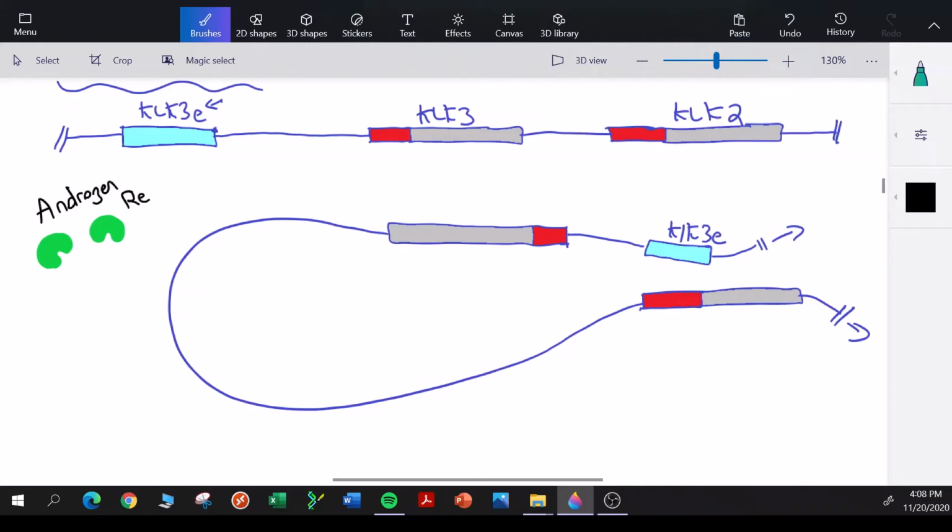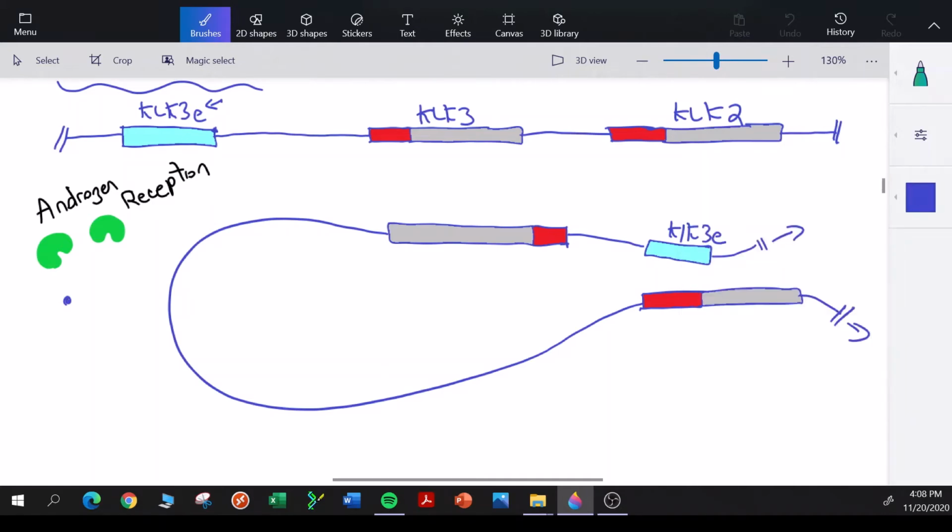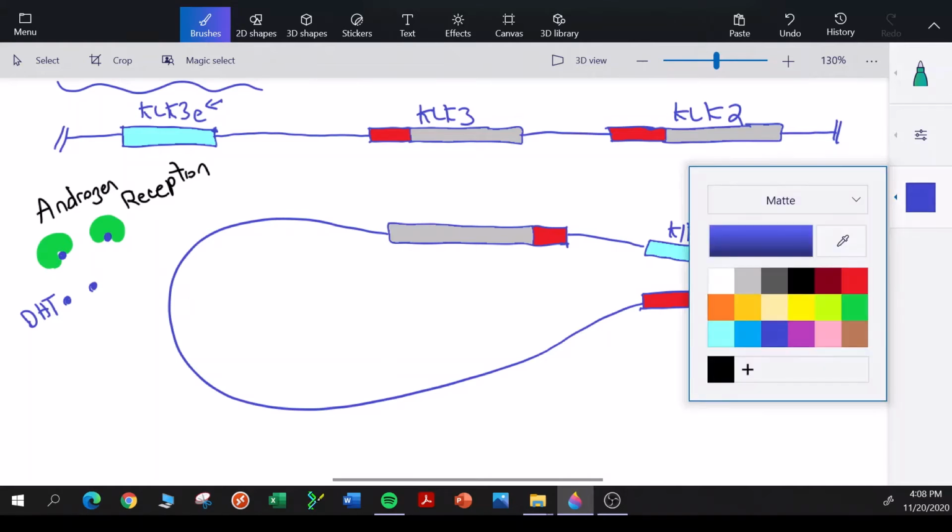And this is a transcriptional activator that will bind to the KLK3 enhancer when a molecule called dihydrotestosterone, DHT, binds to the androgen receptor. When that happens, androgen receptor will go into the nucleus and bind to the KLK3 enhancer.